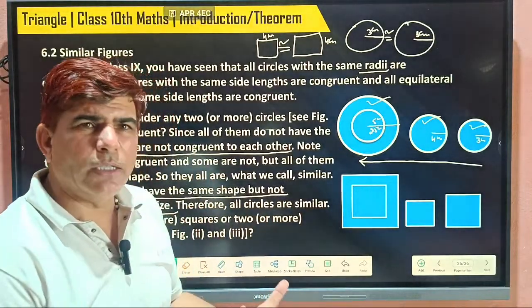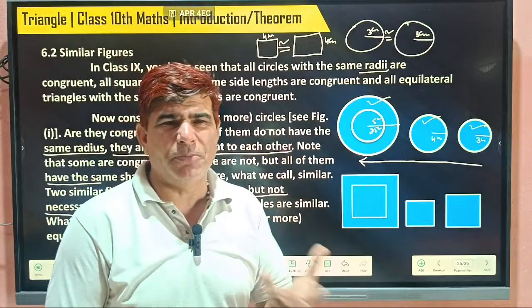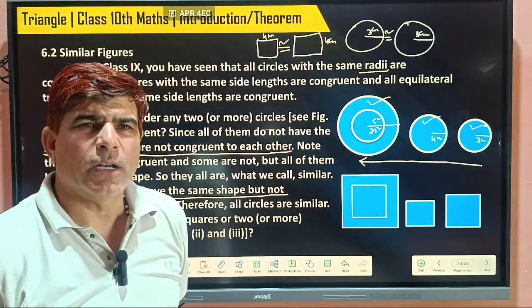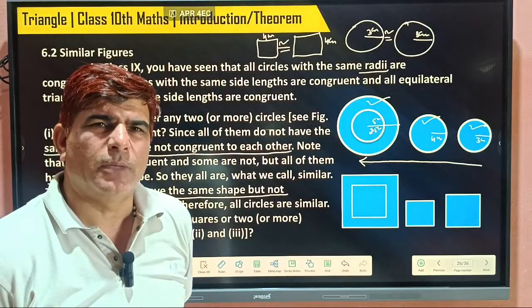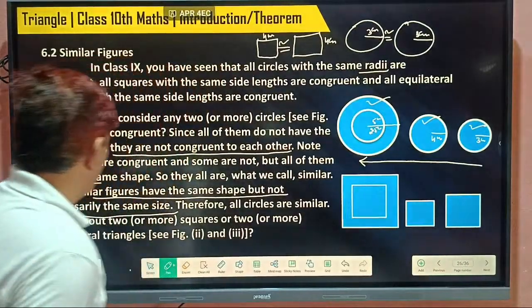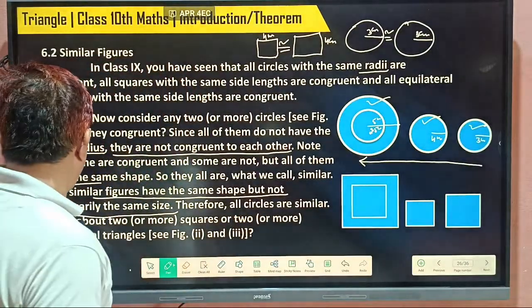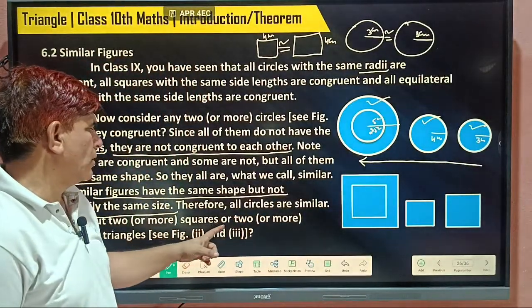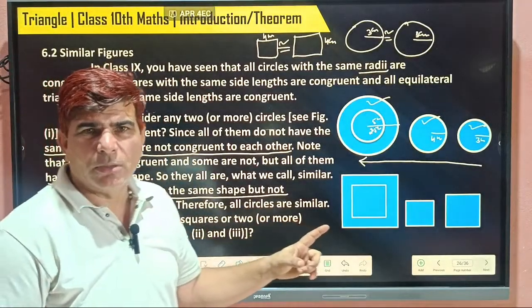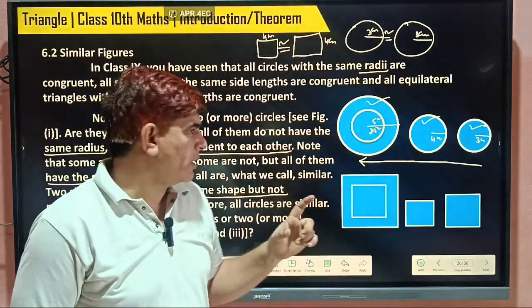So is there any relationship between congruency and similarity? Yes. All congruent figures are similar, but similar figures need not be congruent. Understood? Therefore, all circles are similar. What about two squares or two equilateral triangles? All squares are also similar, but they are not congruent.